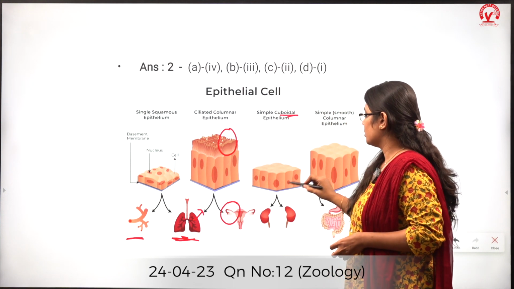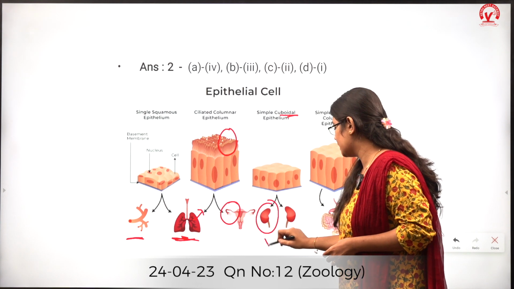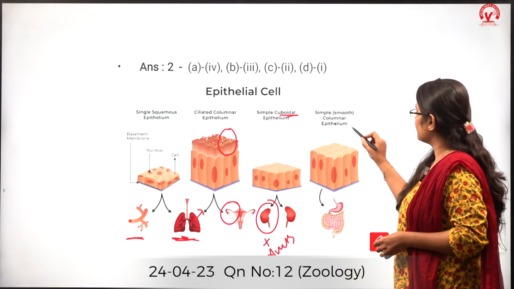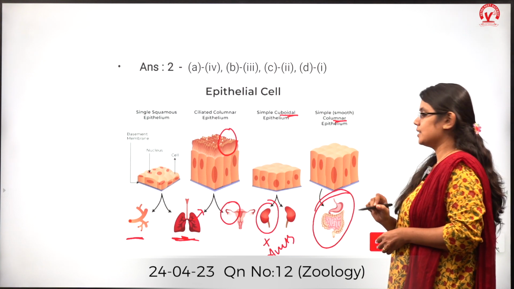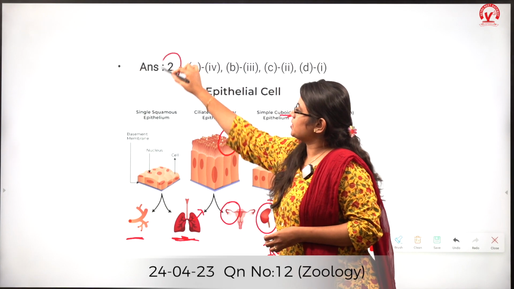Cuboidal epithelium has cuboid shaped cells which are commonly present in renal tubules and ducts of glands. And finally the columnar epithelium is present in the gastrointestinal system. So here in this question the answer will be option 2.